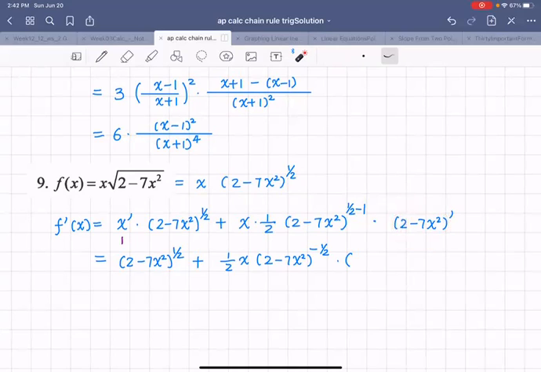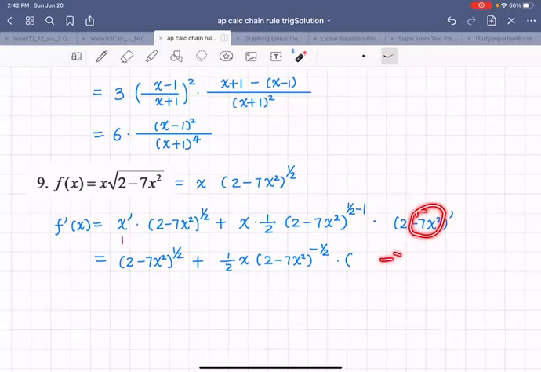That's 0, yes? Any constant value, do the prime, goes to 0. How much is this guy's derivative? Is it still 0? No, you do the power rule. This guy's derivative is 0.